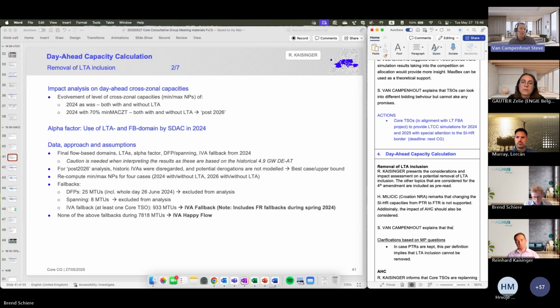And then if you account for these physical flows, what is the remaining capacity left for the flow-based domain and day-ahead exchanges? So I think it's connected in that sense, that we need to understand what this impact is, and then have a discussion on, if the impact is too significant, what can be done to ensure that there is sufficient capacity remaining for the day-ahead exchanges.